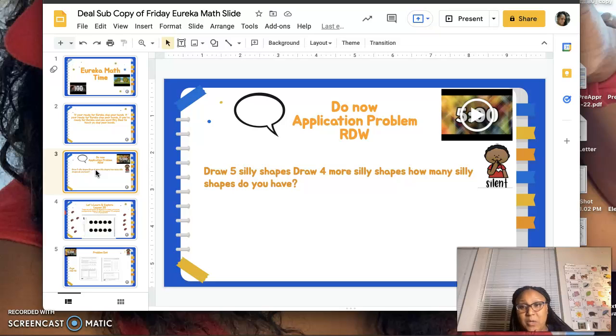Okay, so now I'm going to start the timer. I have my little timer right here because I am going to give you 2 minutes to go ahead and start drawing your 5 silly shapes. So after 1 minute has passed, then Miss Deal is going to start drawing her 5 silly shapes because she wants you to start doing some of it on your own so that you are not copying what I am drawing.